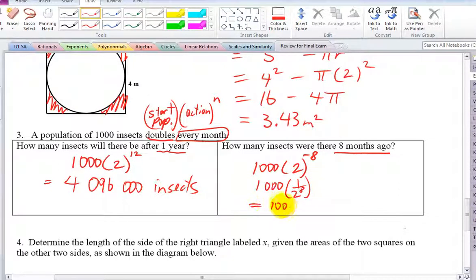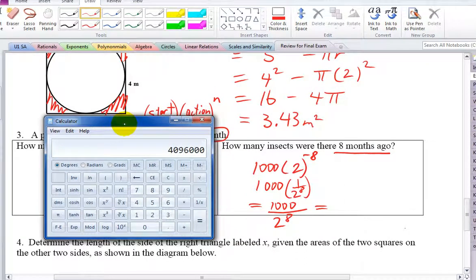Which equals 1,000 divided by 2 to the +8. All calculators can do that. So you have to be able to multiply your fractions. .9.